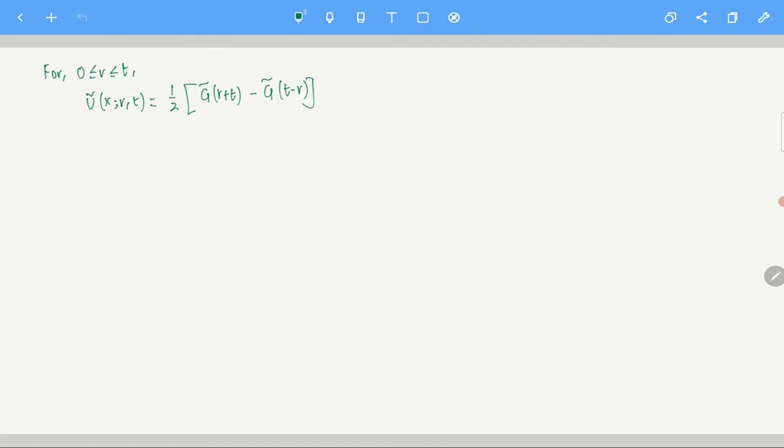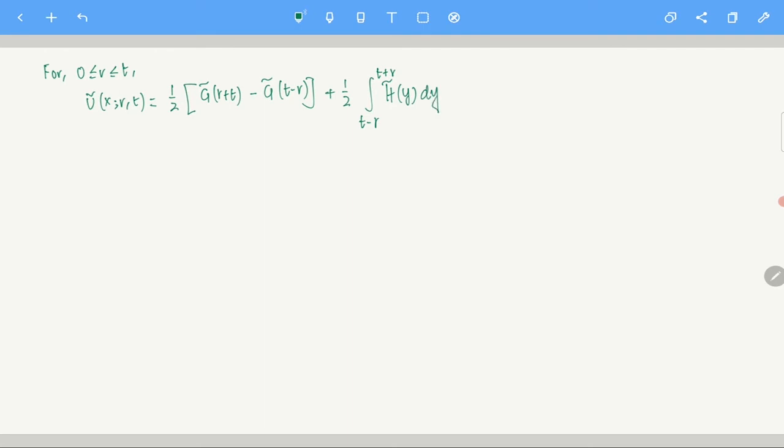If you break it up, it will look like this, and then plus half the integral from t minus r to t plus r of h̃(y) dy. Clear? That's what we are getting.